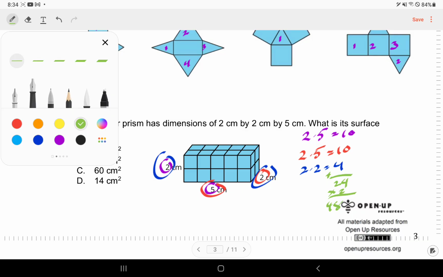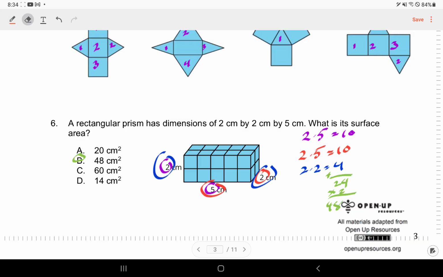Now, that being said, you are also welcome to take the much simpler counting approach. You have 1, 2, 3, 4, 5, 6, 7, 8, 9, 10 cubes there.